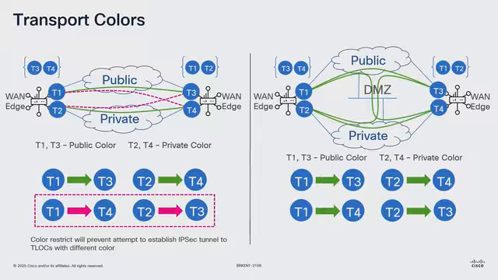I can use the restrict option, in which case the tunnels will be formed only between T1 and T3, T2 and T4. The T1-T4, T2-T3 tunnels will not be formed. This is one of the ways you control how many tunnels you want in the system, scalability, what kind of connectivity you want to allow, and so on.